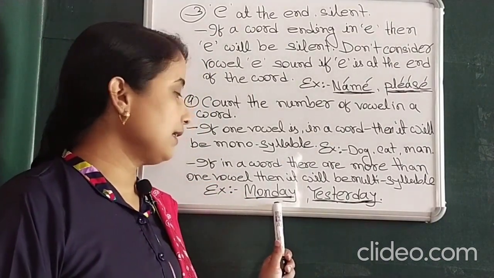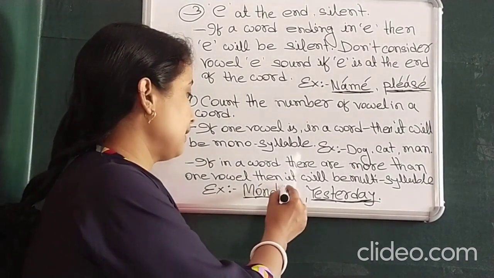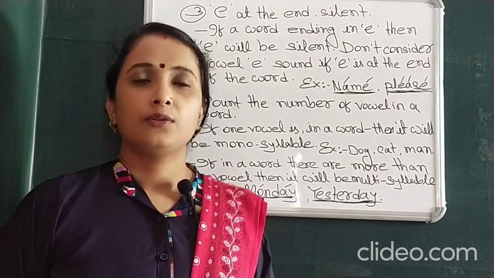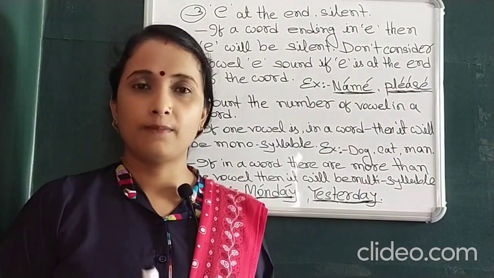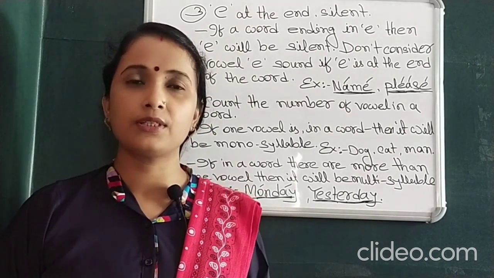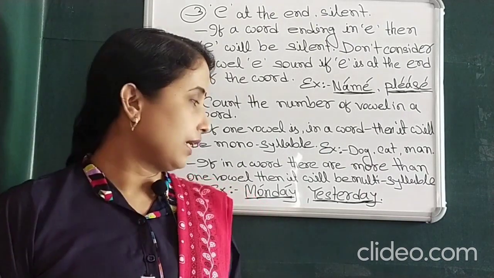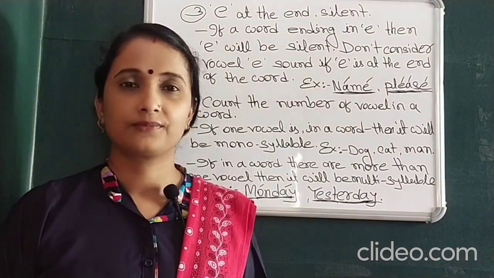In the word Monday, here are two vowels, O and A. We will pronounce it Monday. We also part this word Monday because here are two vowel sounds, because here are two syllables. Okay, so the word Monday is multisyllable.